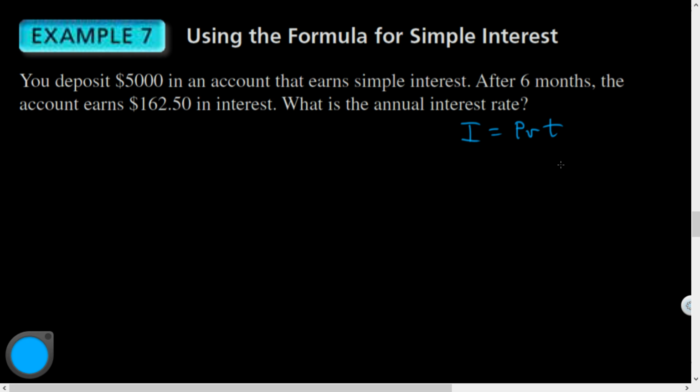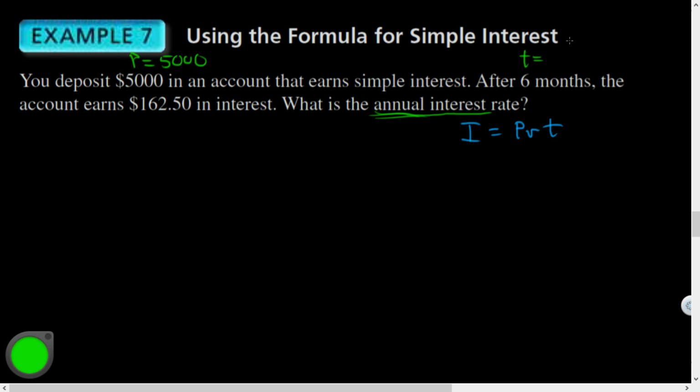So guys, example 7, it says, using the formula for simple interest, you deposit $5,000 into an account. So that's the P. P is equal to 5,000. All right, that earns simple interest. After 6 months, and then they want to know the annual interest rate.